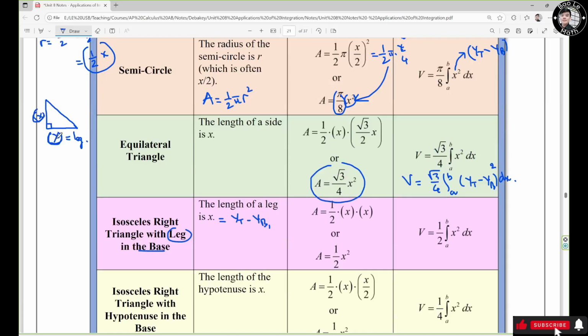So base times height is s times s, which is s squared, or 1/2 (y top subtract y bottom) squared. When you calculate the volume, you're going to put 1/2 to the front, and the integral from a to b of this one right here. So it could be 1/2 times the integral from a to b of (y top subtract y bottom) all squared, right?